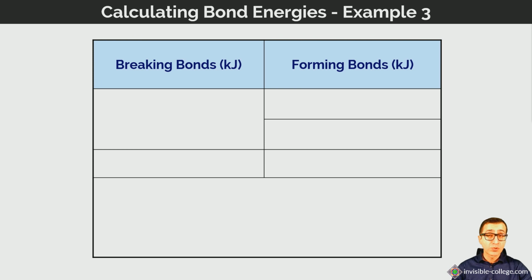So if we have 2 moles of ammonia molecules, as we saw on the left-hand side of the balanced symbol equation, we will have a total of 6 moles of nitrogen to hydrogen bonds that we need to break. So in order to do that, we need 6 times the bond enthalpy for the nitrogen to hydrogen single bond.